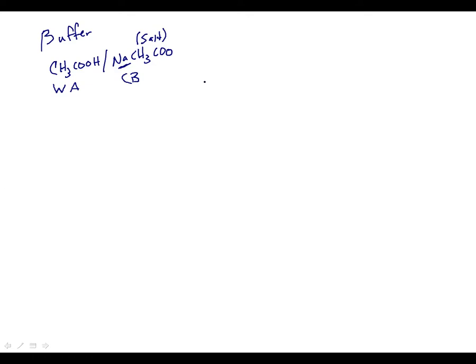If you have sodium acetate in solution, it's a strong electrolyte, so it will break apart into Na plus and CH3COO minus. So really sodium acetate is the source of acetate, which is the conjugate base. That's why sometimes it's referred to as the salt, because you'll see a sodium with it, or a potassium with it.